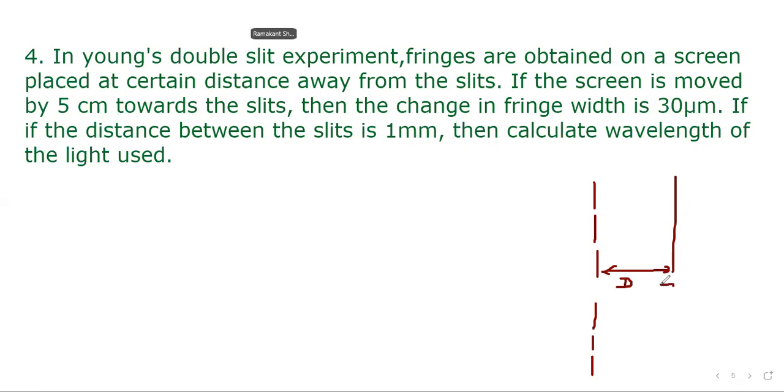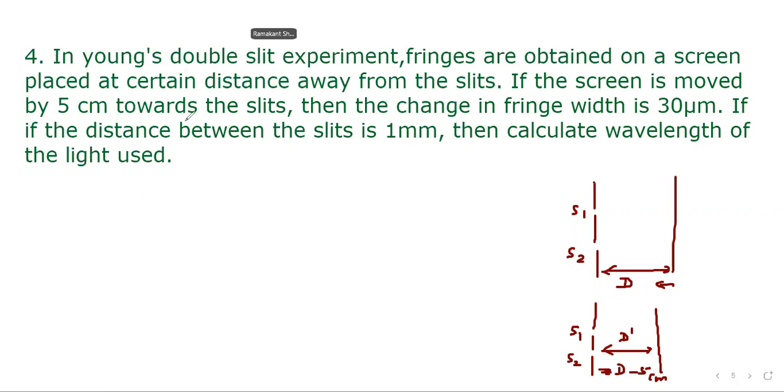These are slits S1 and S2. So this time D comes here. So we can say new D, or D dash, will be equal to D minus 5 centimeter as per the question.